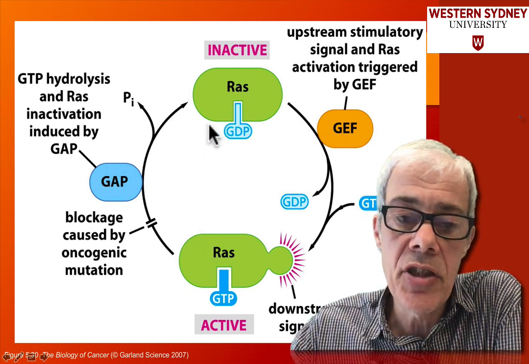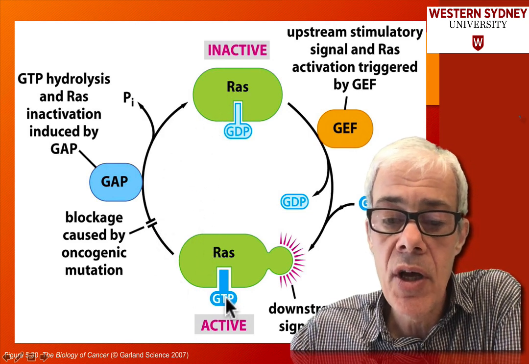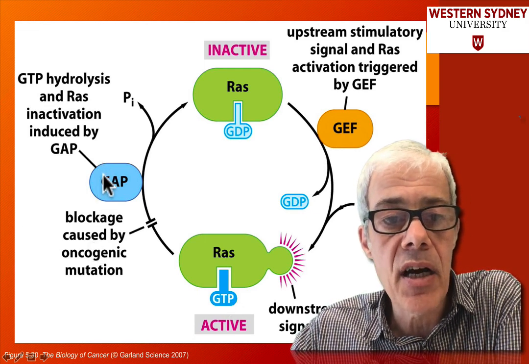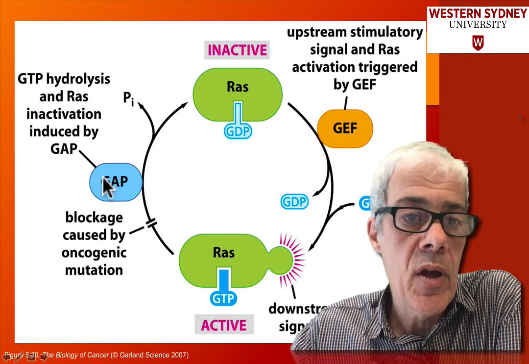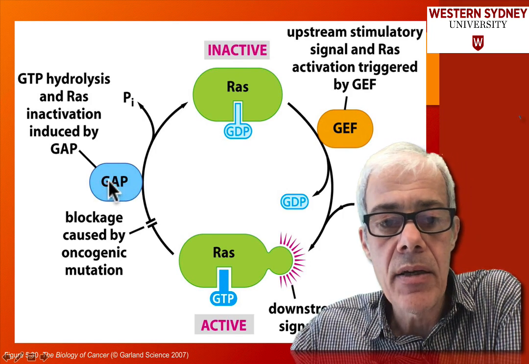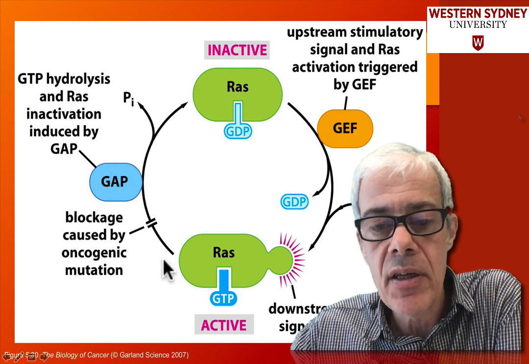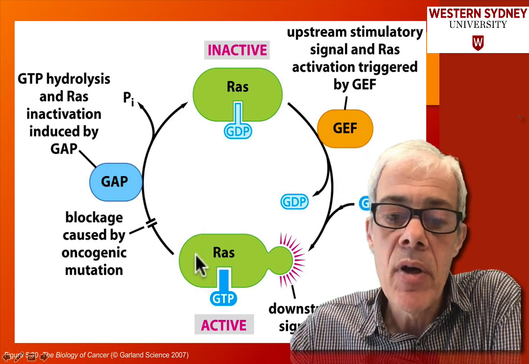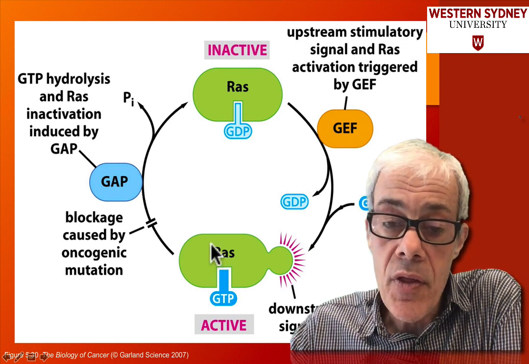Inactivation of RAS is driven by hydrolysis of the GTP, and we have these other enzymes, these GTPase activator proteins, and these activator proteins cause hydrolysis.